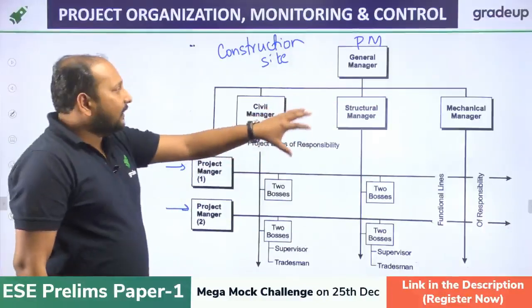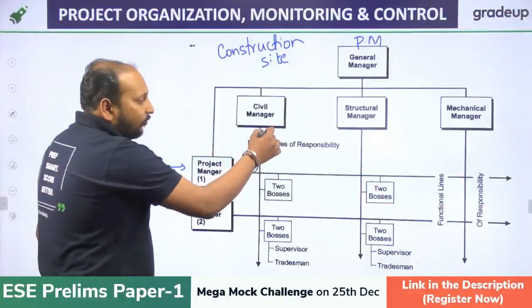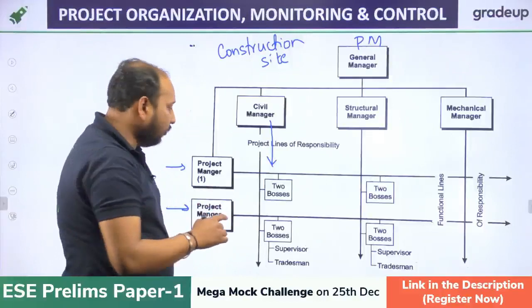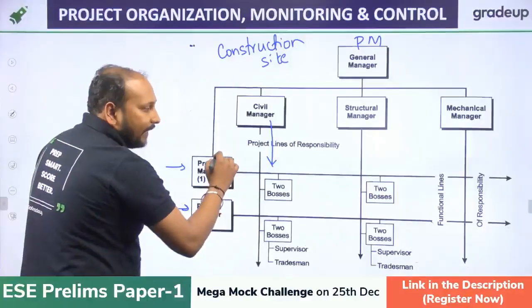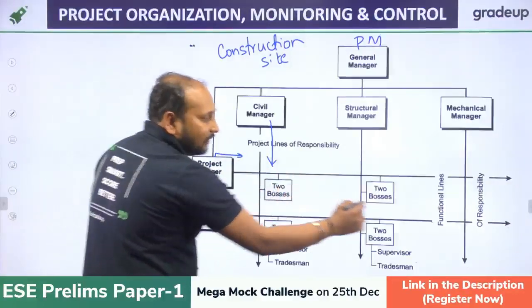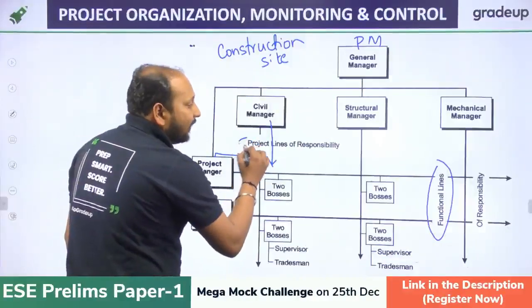The civil manager will take care of all the responsibilities from the civil point of view, and the project manager will take the project activities. You can see these are the functional lines of responsibility, and these are the project lines of responsibility.